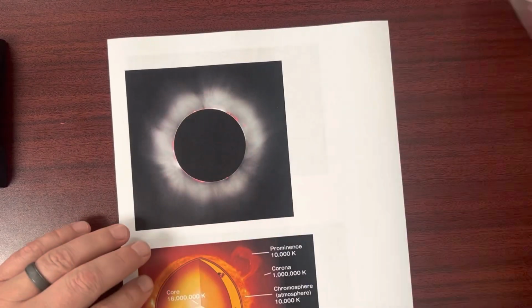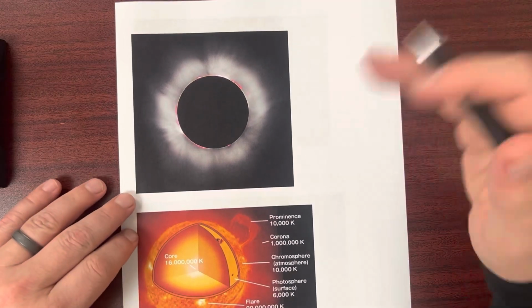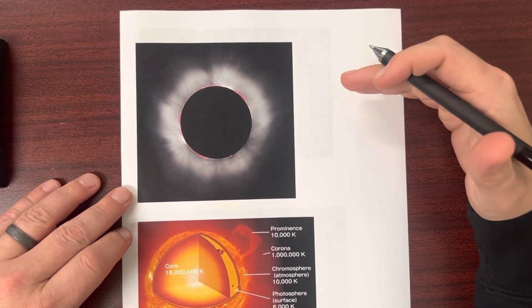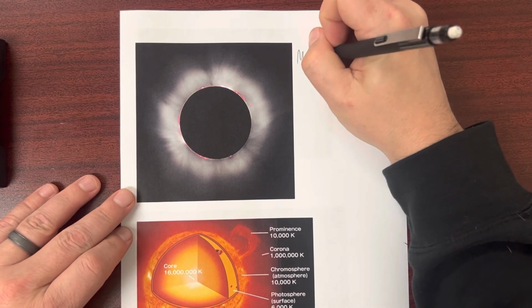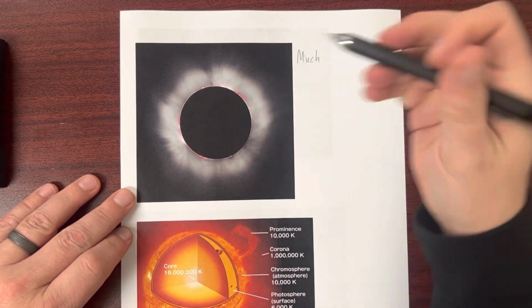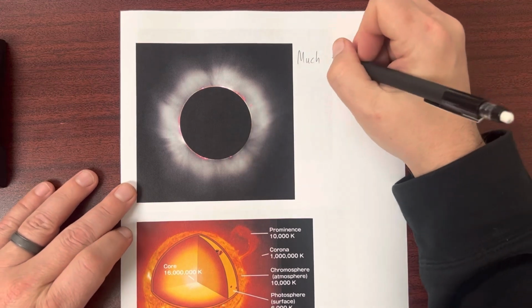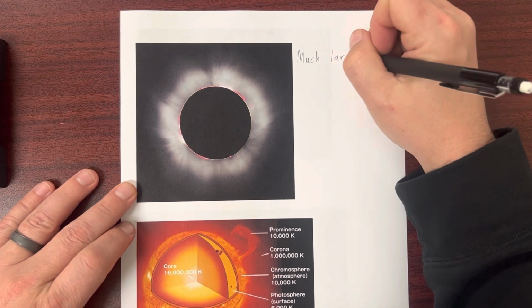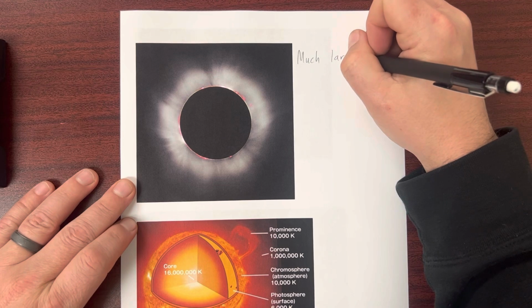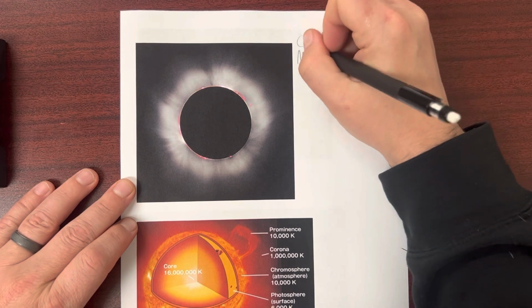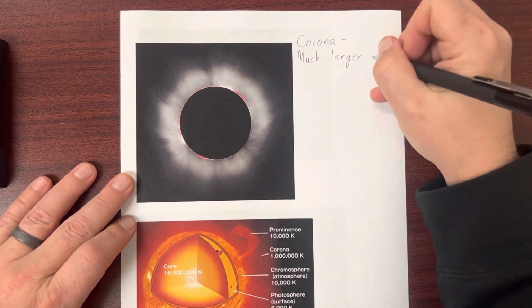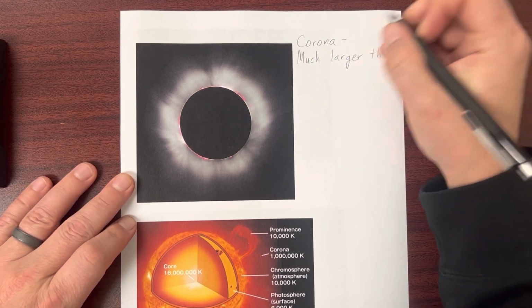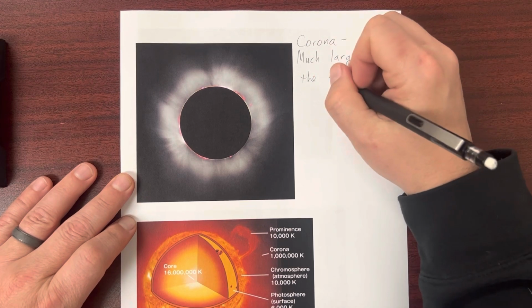So we've got something that's further away from the core, but it's actually hotter. So now let's take a look at the next area of the atmosphere. We'll see a similar image with an eclipse, but the next area is the corona, and it is much larger than the chromosphere.